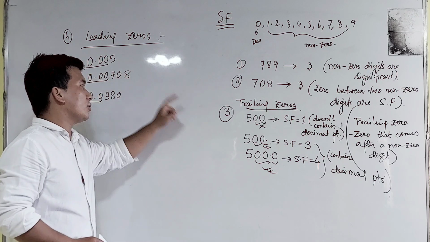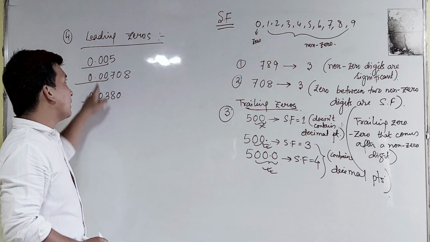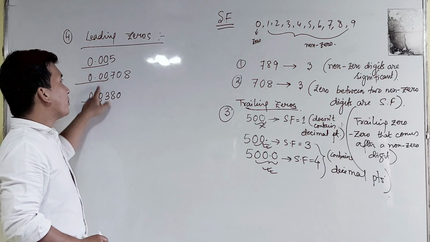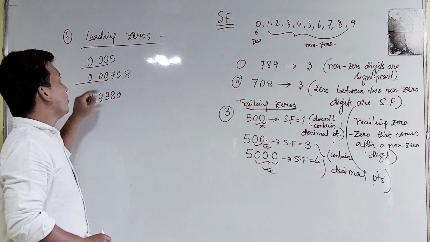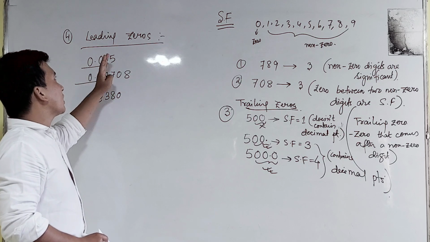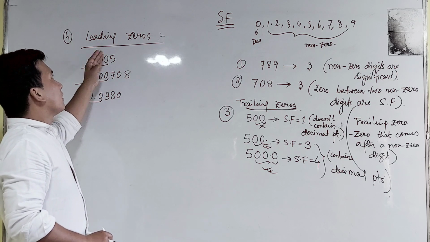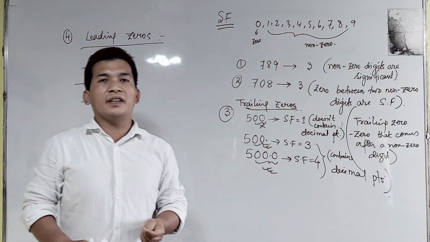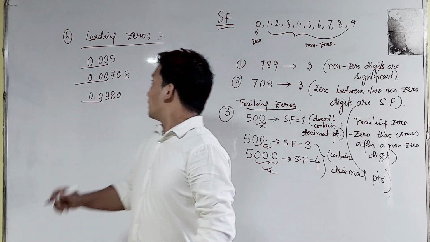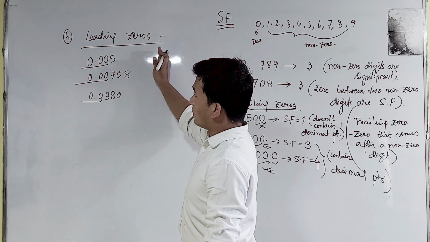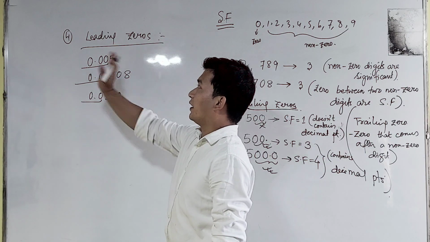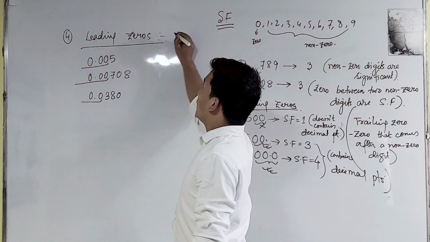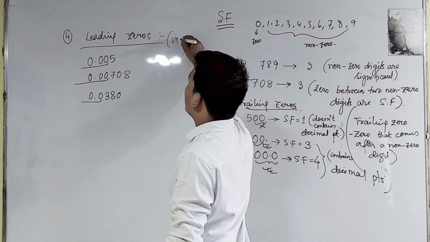Even though all these numbers contain a decimal point, we will be considering the leading zeros as insignificant. Understood? Leading zeros are insignificant.